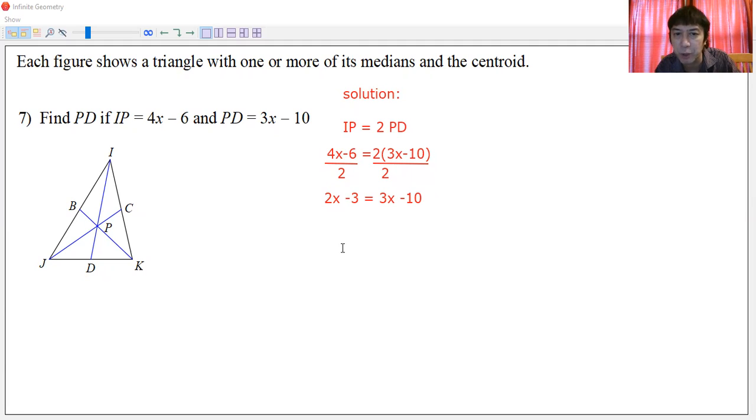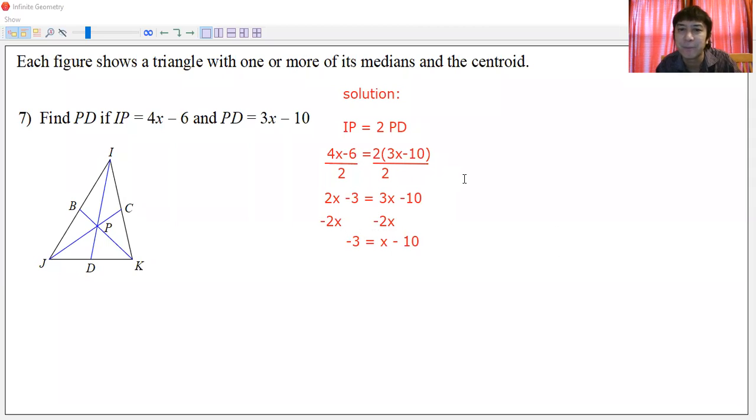Now we subtract the smaller x term, subtracting 2x from both sides. So we have minus 2x here, and minus 2x there. The left side will just become negative 3. The right side will just be 3x minus 2x, that's x, with a minus 10.